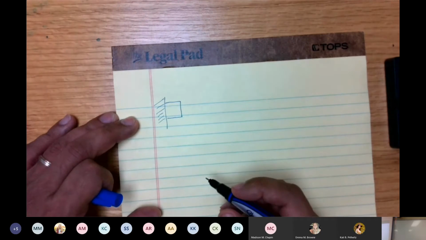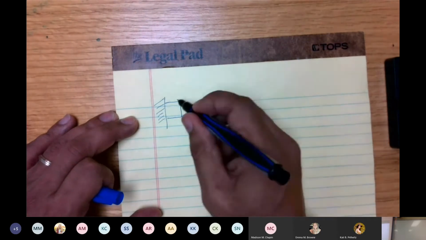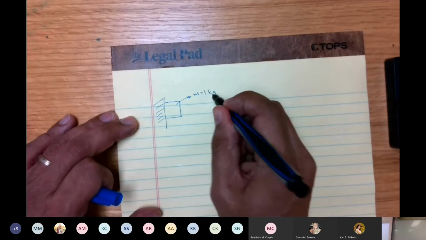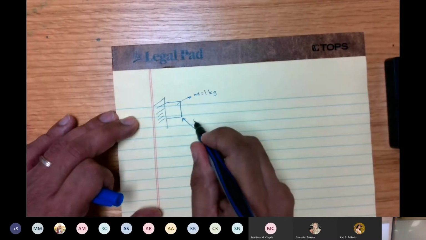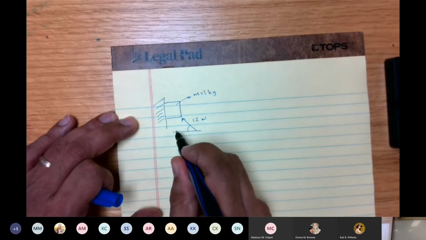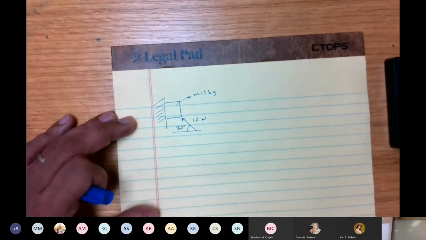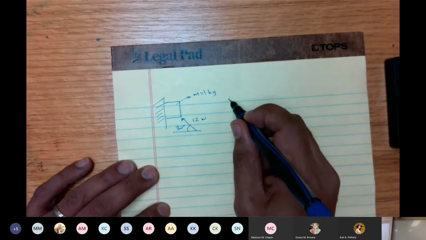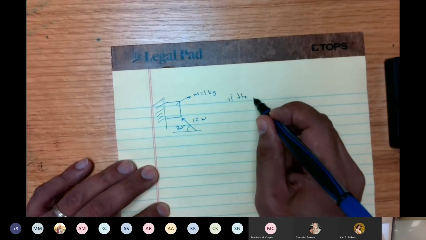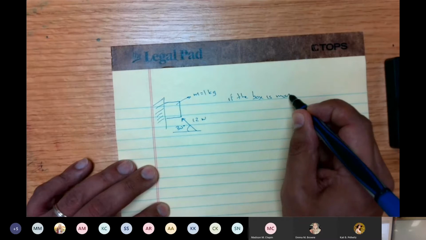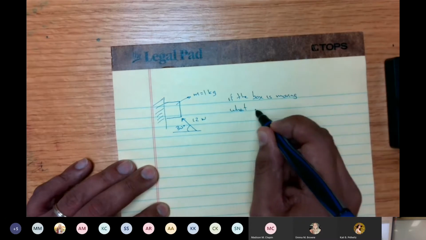The mass of this box is 1 kilogram, and you apply a force of 12 newtons at an angle of 30 degrees. And what we want to find out is if the box is moving, in what direction, or something along those lines.